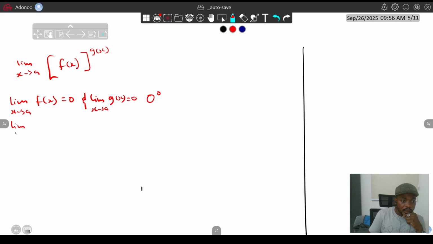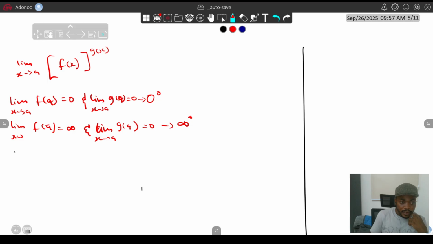Now, if we have the limit as x approaches a of f of x equals infinity, and the limit as x approaches a of g of x equals 0, then we have the indeterminate form infinity raised to the power 0, right?